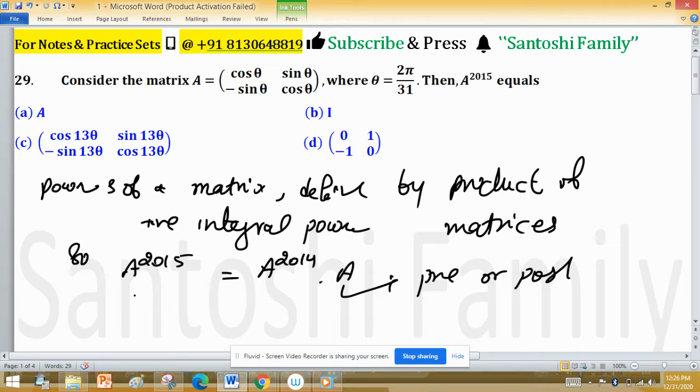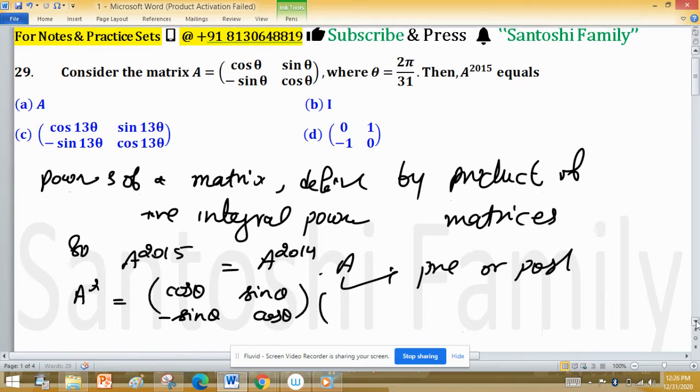So to evaluate A raised to the power 2015, first we generalize what A square is. Matrix A is cos theta, sin theta, minus sin theta, cos theta. Square means the product of itself.